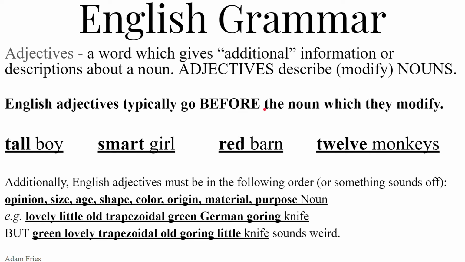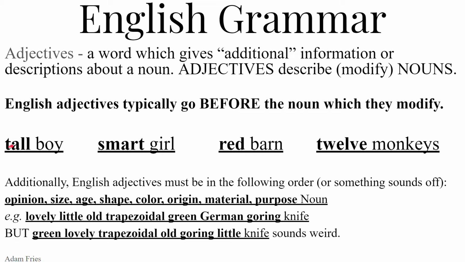In English, an English adjective typically goes before the noun that the adjective is modifying. So we have the noun boy, and girl, and barn, and monkeys. In English, we say a tall boy. Tall is an adjective describing, giving more information about boy.